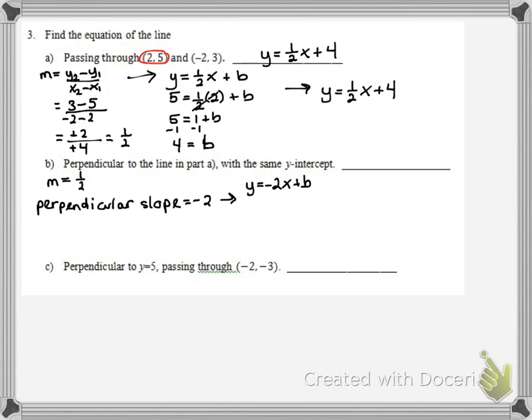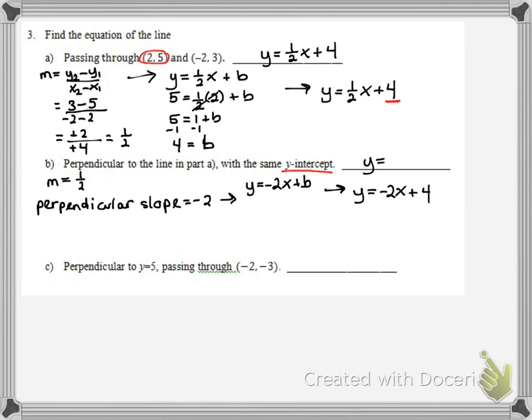Now, the second part of this problem, which I haven't even read yet, says we want the same y-intercept. Well, if I go back up to the previous equation, I see the y-intercept was 4. Notice the y-intercept was the only thing I was missing, so the equation becomes minus 2x, and we're told the same y-intercept, so that's going to be a 4.